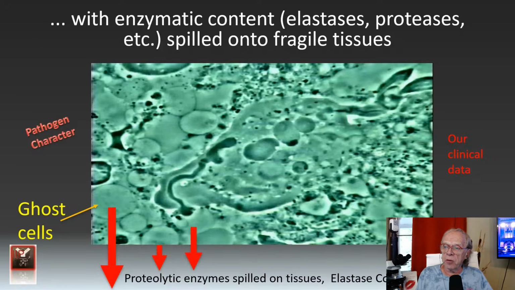So sometimes when you have many neutrophils that have been eaten, you'll find those round cells, which we call ghost cells, with no nucleus, no granule, and all those enzymes are spilled on the tissue, elastase, collagenase, and then you have the bone loss. This is very easy to understand for the patient.